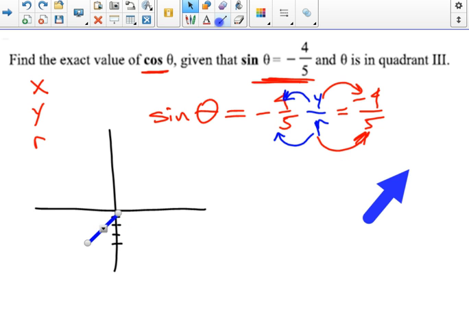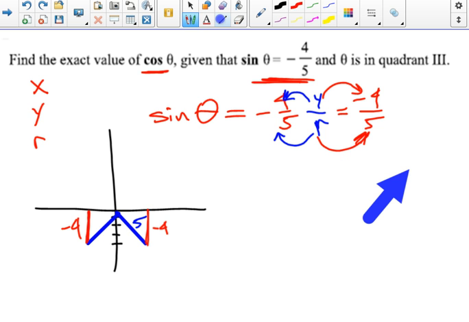Well, let's look at them both real quick, and we'll see. So we'll go here and here. So these are really our two options. So if r has to be 5 and the y has to be negative 4, these are both places where that would happen.